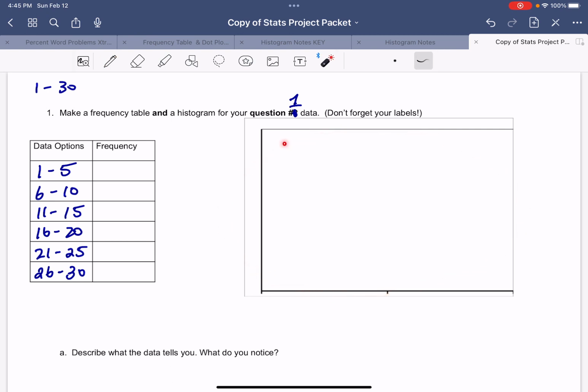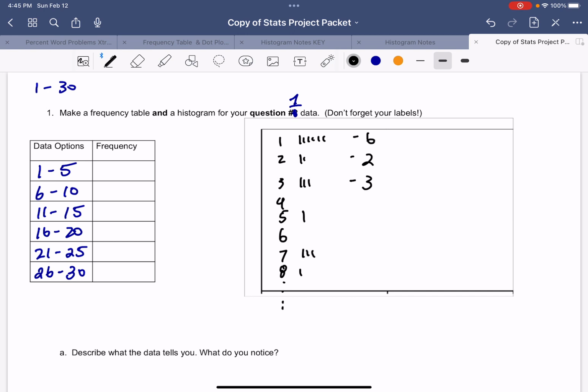So you had, say, 1, 2, 3, 4, 5, 6, 7, 8, and so on, okay? And you had 1, 2, 3, 4, 5, 6. Oh, I had 6 here. I had 2 here. I'm just going to make up data. You guys, this is not your data. Nothing. 1. And then I had 1, 2, 3. 1, 2, 3, 4. Okay.